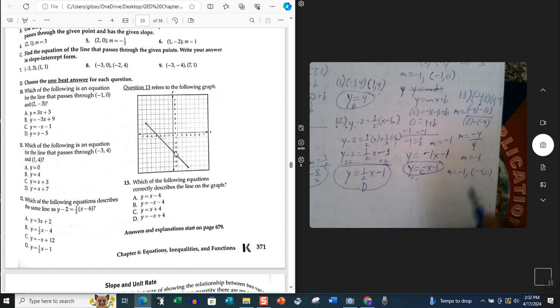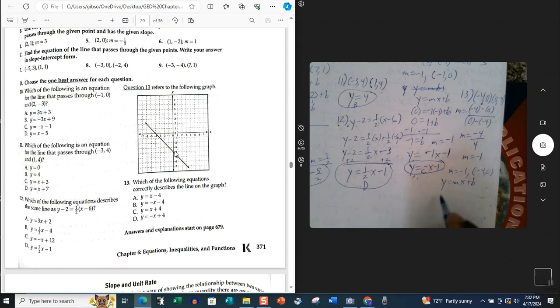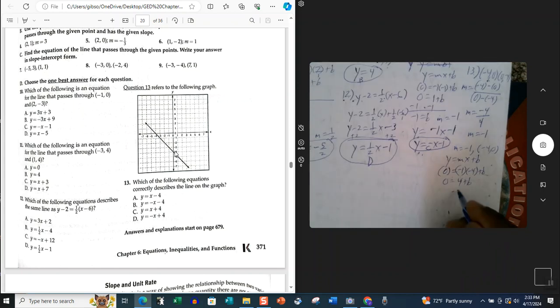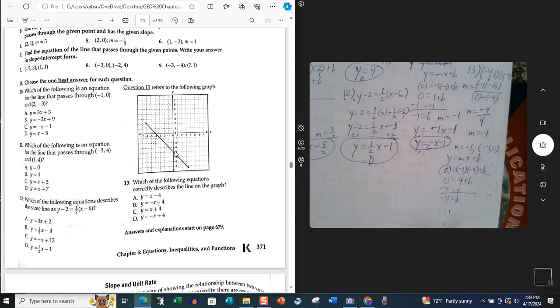Now, we will put this in y equals mx plus b form. So we would do y is 0, your slope is negative 1, your x is negative 4, plus b. So it would be 0 equals 4 plus b. Subtract 4 on both sides, and negative 4 is equal to b.